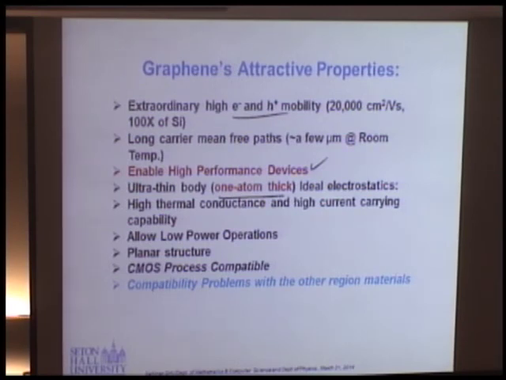Also, low power, it's not going to eat a lot of battery and heat up. And it's planar: you can do planes, two-dimensional and three-dimensional things, and it's compatible with other materials. So it's very, very promising. People haven't reached the performance of CMOS drivers yet, but I'm sure that in 10, 15 years, that's one of the big possibilities.